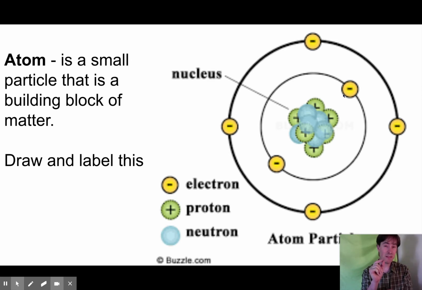There's just a tiny bit of mass in the electrons, and we don't necessarily calculate that into the mass of the atoms.